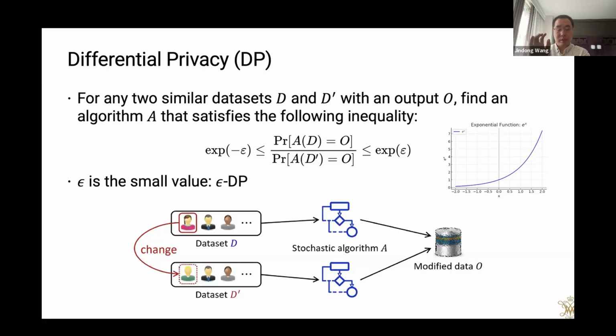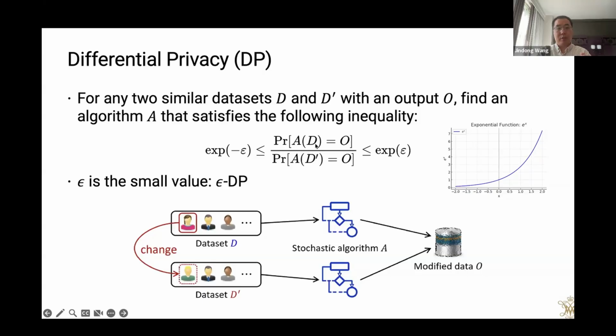But the great thing is that after this algorithm, those two distributions are very indistinguishable. So you don't know who is who by this very slight change. This is how you enforce it mathematically.